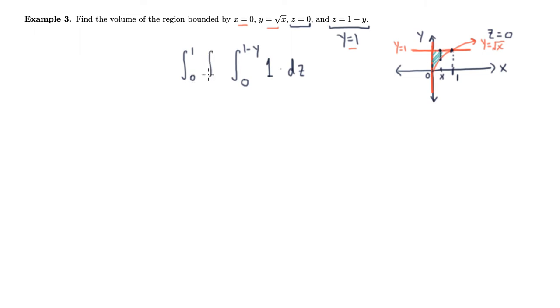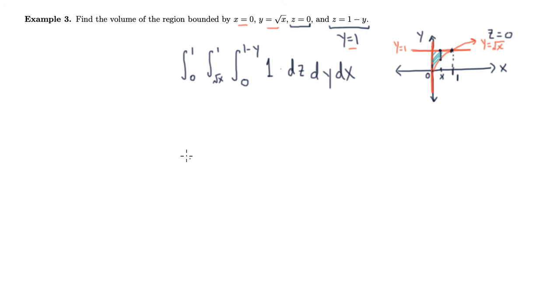So for a fixed x and y, z is going from 0 to 1 minus y, above this region. And for a fixed x between 0 and 1, y goes from root x to 1, and then x is going from 0 to 1. So that's the idea. You want to work your way out, starting with z, then y, and then x. So we've set up the iterated integral that's going to give me the volume of this bounded region.